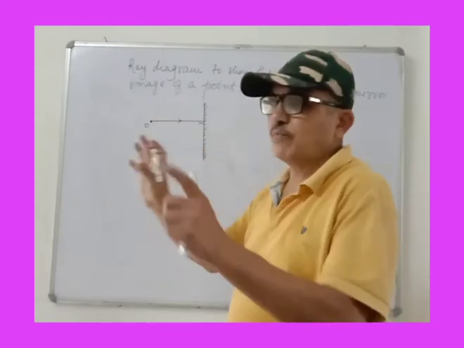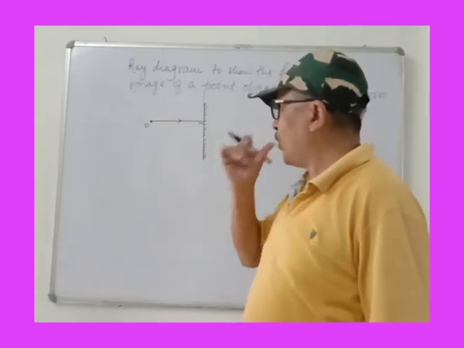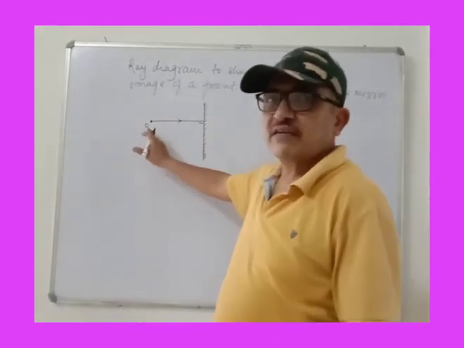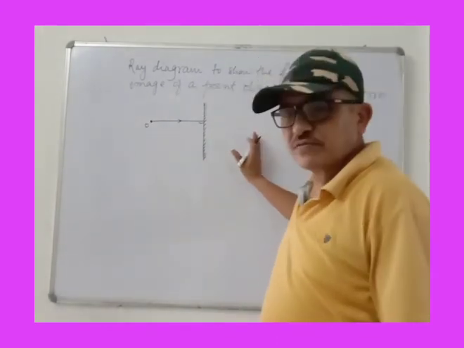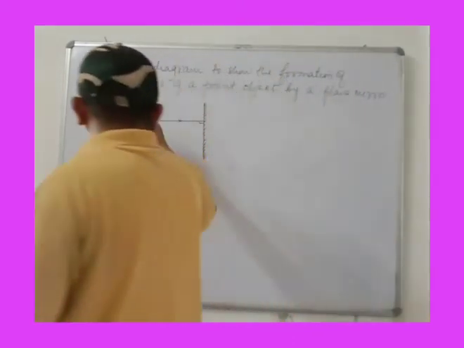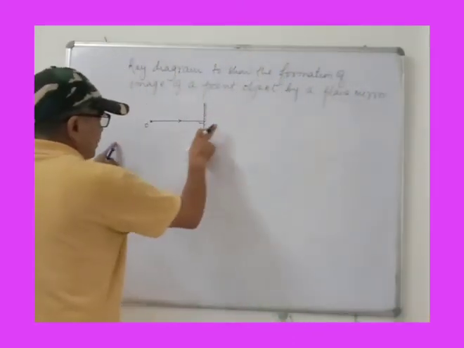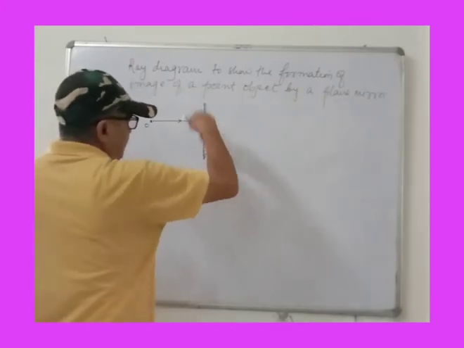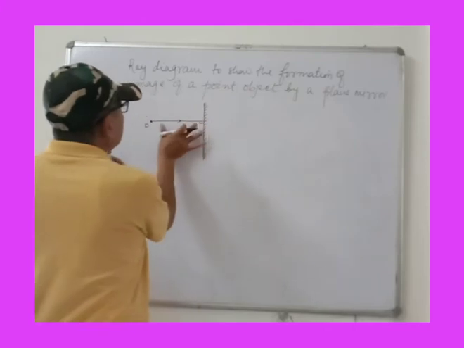Just a ball, suppose a ball is kept. Or you can place a candle also. If you place a candle, then the image of candle is formed. At that time candle is luminous body. Okay. So we take straight ray perpendicular to the plane mirror. Then same distance we have to maintain.